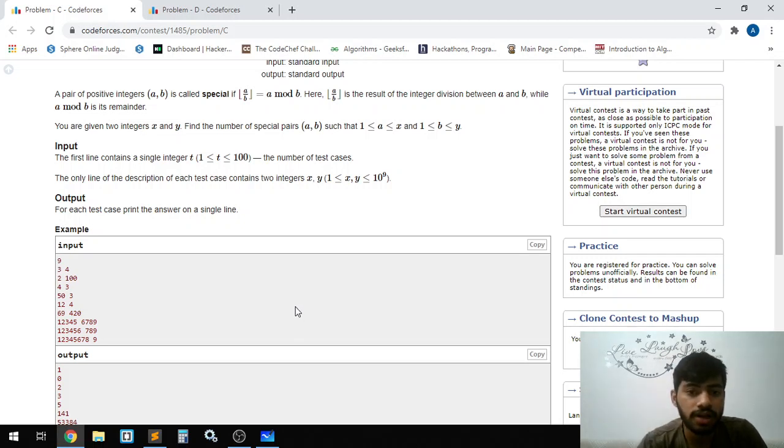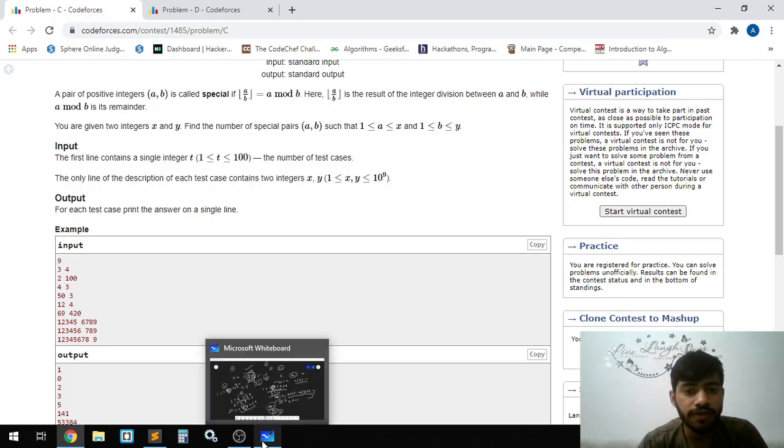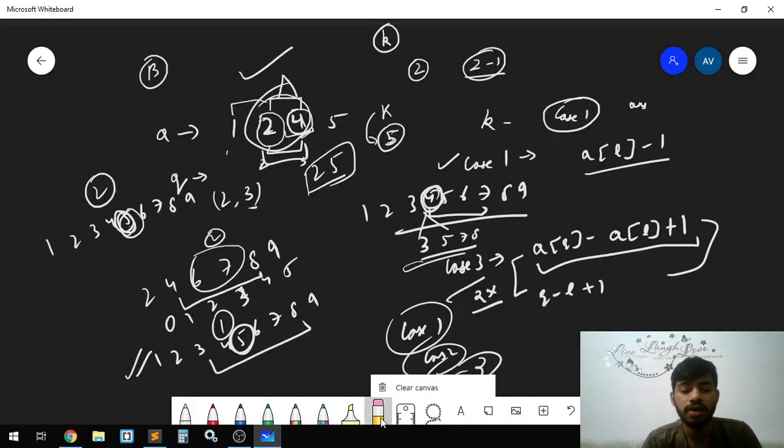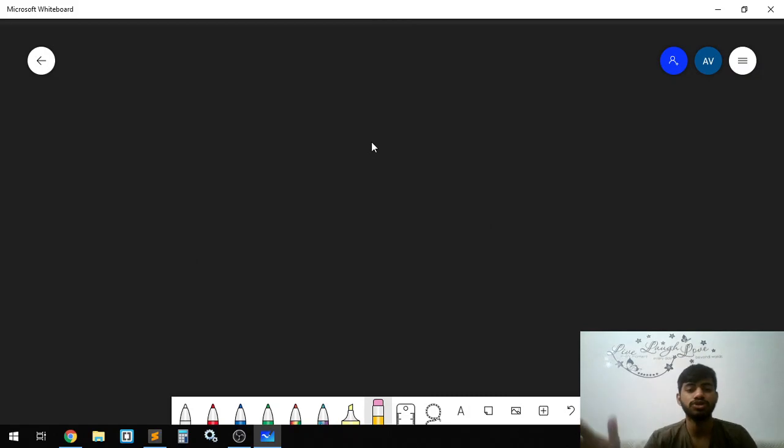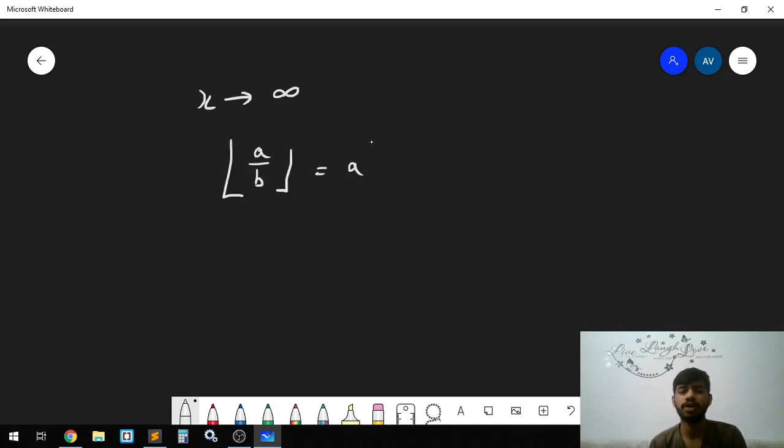Okay, so first, let's assume that x is infinity. For simplicity, let's reduce this question to a simpler problem. If x is infinity, then floor of a by b equals a mod b.